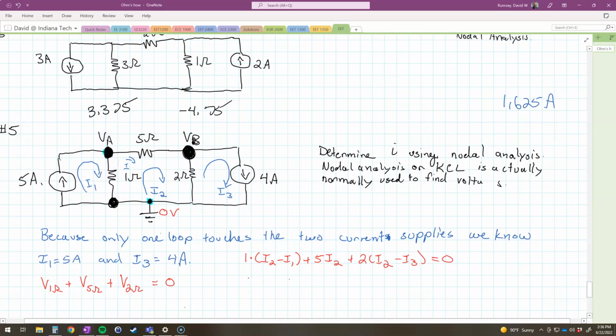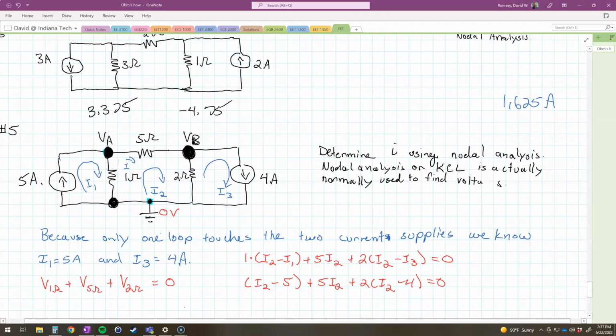But then what do we have? Well, 1 times I is going to just be that. So I get I2 minus 5 amps, because that's what I1 is, plus 5 I2 plus 2 I2 minus 4 equals 0. And so everything here works out where I only have a single equation, one unknown, and so I'm just going to hopefully do the arithmetic correctly here.